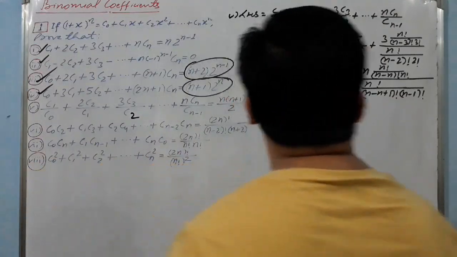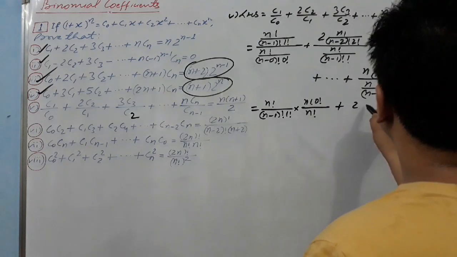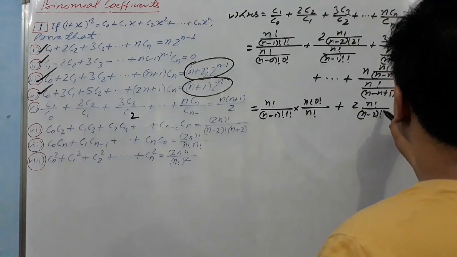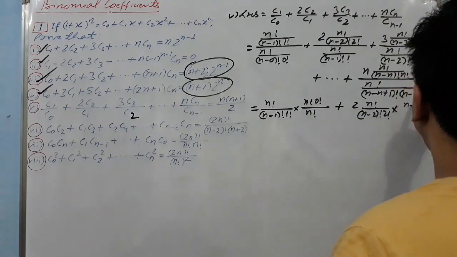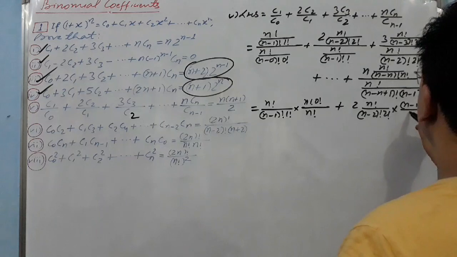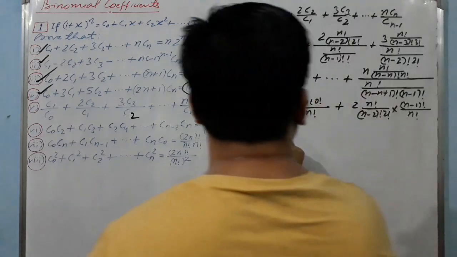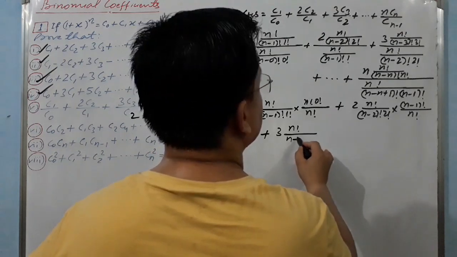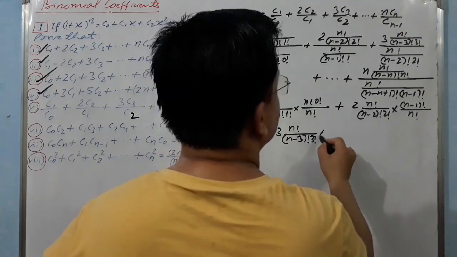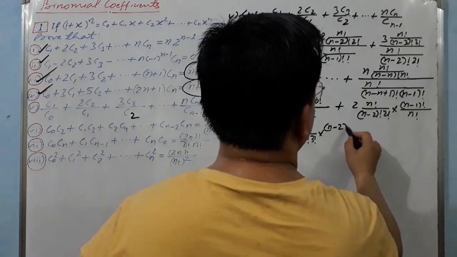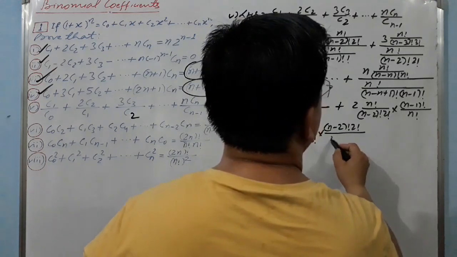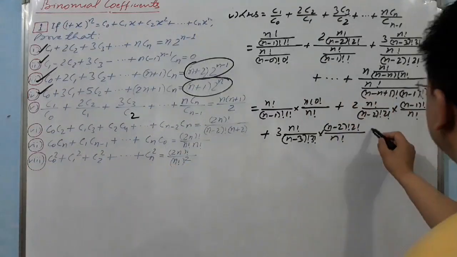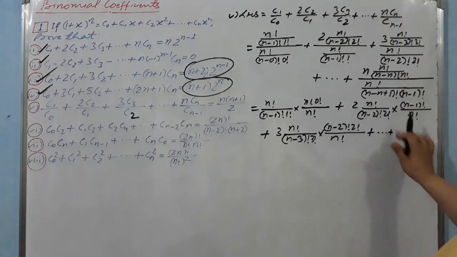No problem here, and plus 2 times n factorial over n minus 2 factorial, 2 factorial times n minus 1 factorial over n factorial, and plus 3 times n factorial over n minus 3 factorial, 3 factorial times n minus 2 factorial, 2 factorial over n factorial, and plus dot dot.